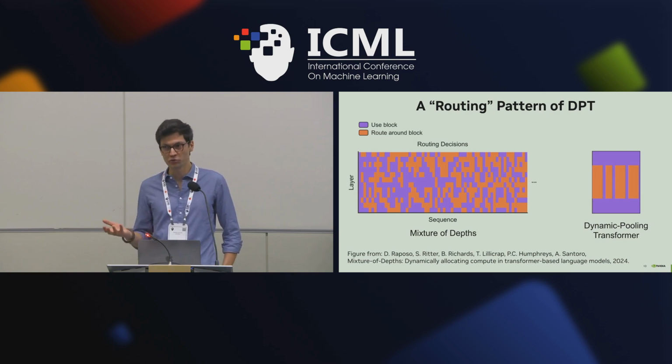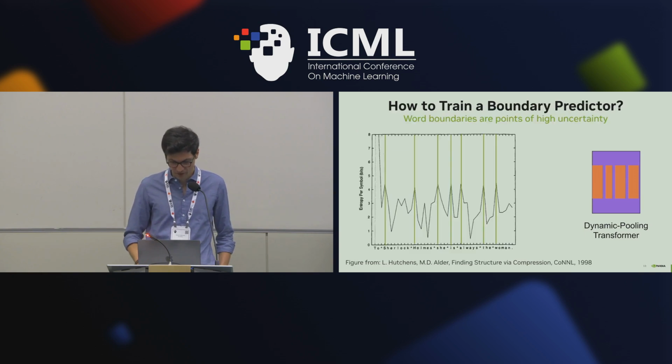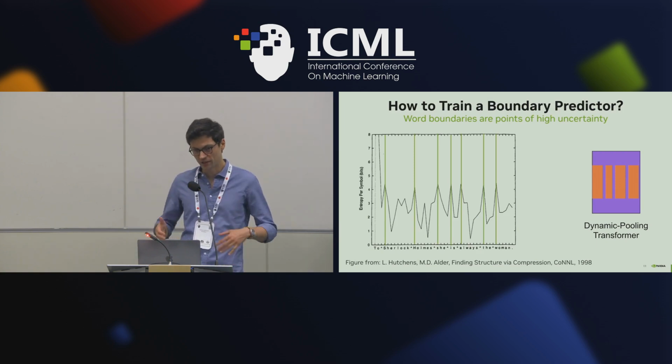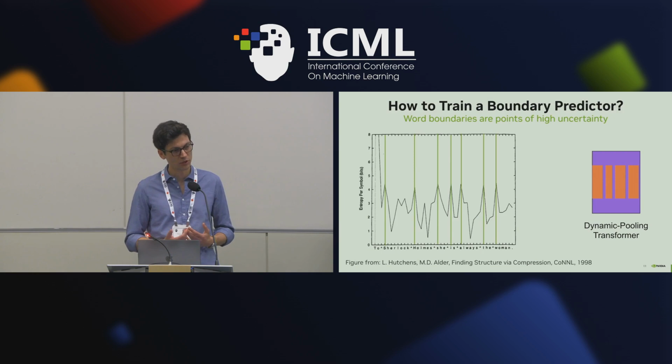Now, how to design the boundary predictor and how to know when to pool the tokens. So this is our original motivation. This is this observation that whenever you have a character level language model, you can observe a spike in entropy whenever you start a new word.